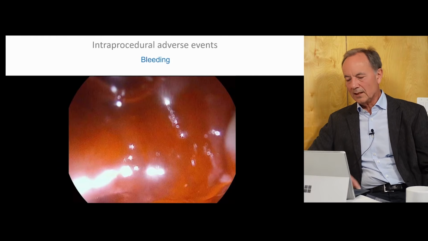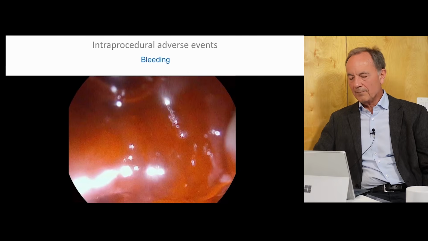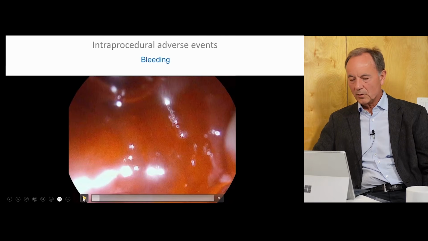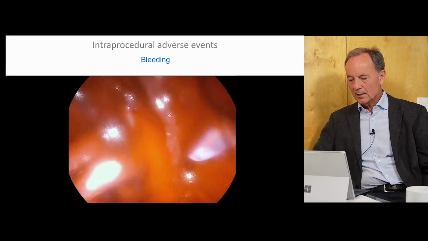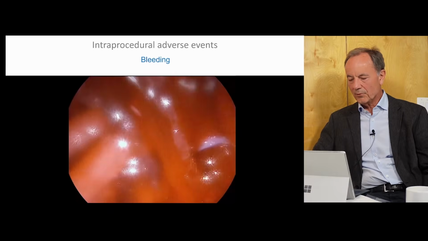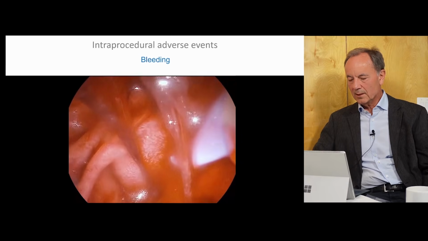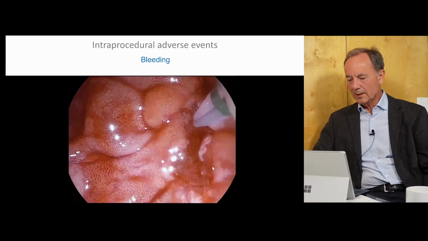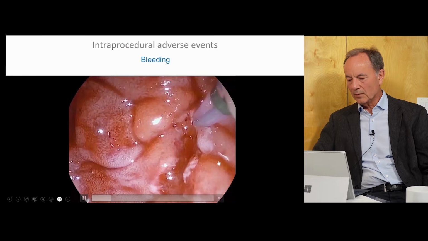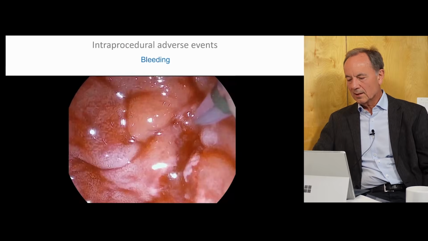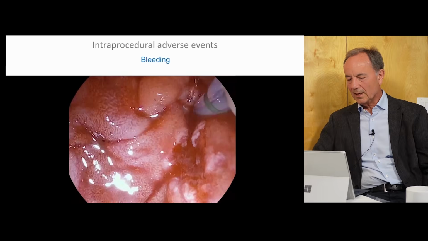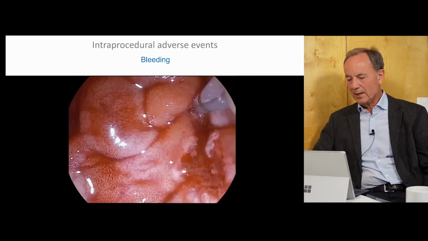So this here is an ongoing bleeding, and firstly I try to place a pancreatic stent, which is difficult because we cannot even identify the area of the papilla. So therefore I inject first with diluted epinephrine to get an edema, so at least the bleeding temporarily stopped, and then as fast as possible I try to place a pancreatic stent.